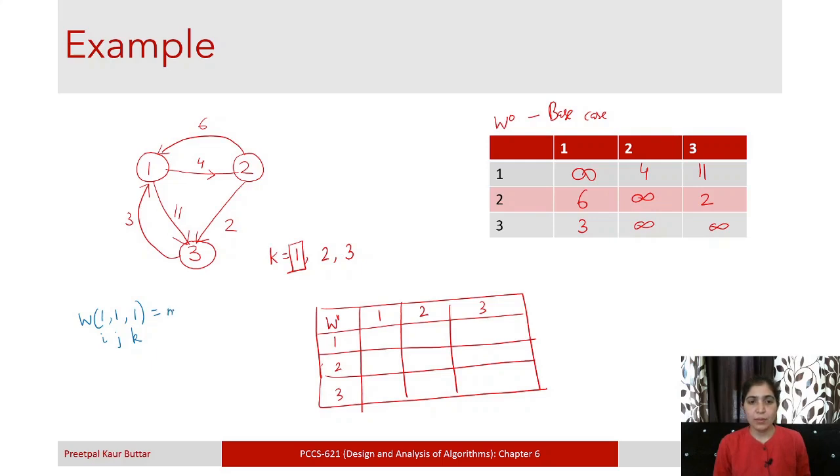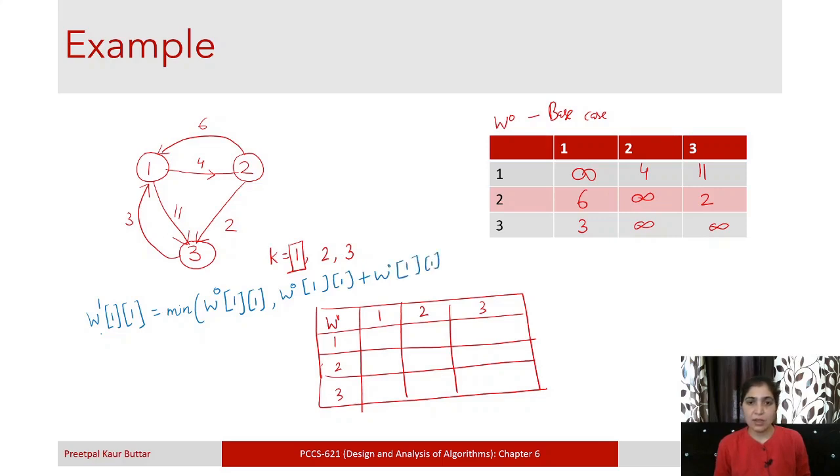It is equal to the minimum of, let me use the notation which we used in the previous slide, that is W1 I J, both are 1, is the minimum of, we will look at matrix W0: W0 I J or W0 I K plus W0 K J, K is also 1 here.